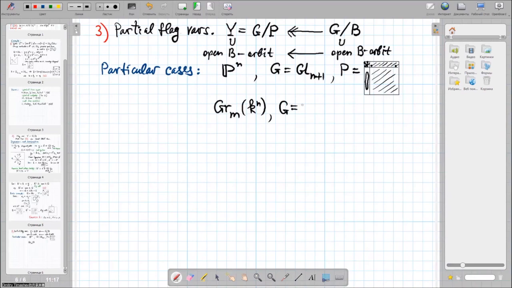Here G is GL_n, and P is again a parabolic subgroup of a similar form.